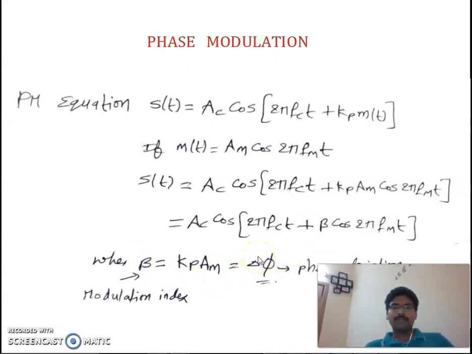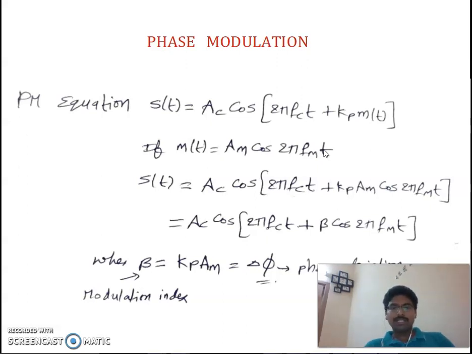Remember this one. Previously in frequency modulation, the modulation index beta is equal to the frequency deviation divided by the message signal frequency. But here the formula for the modulation index is kp into Am, that is equal to the phase deviation. Here the phase deviation and the modulation index are both equal in phase modulation. Now based upon this, we can easily draw the phase modulated wave.